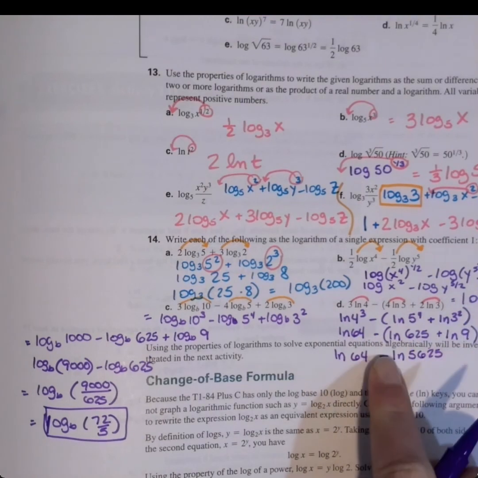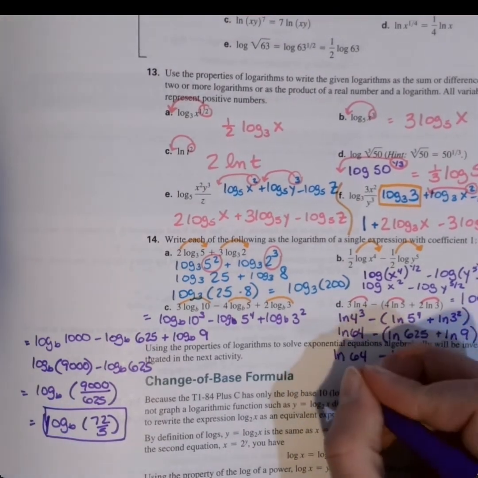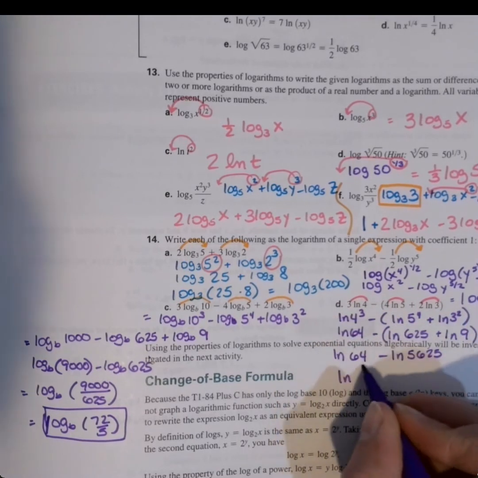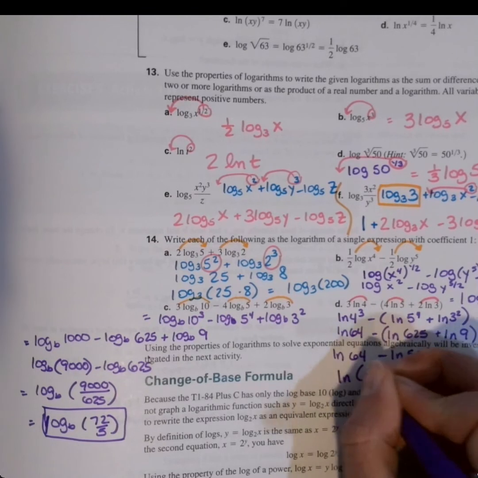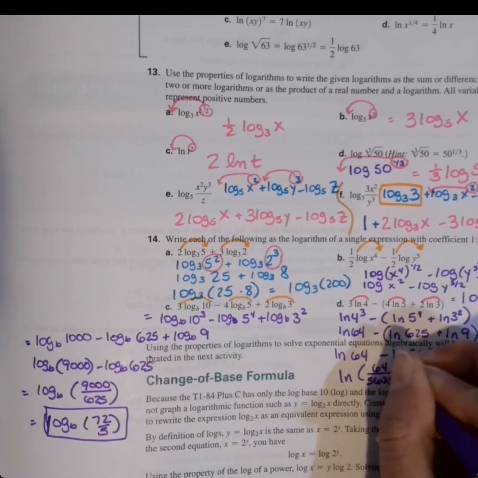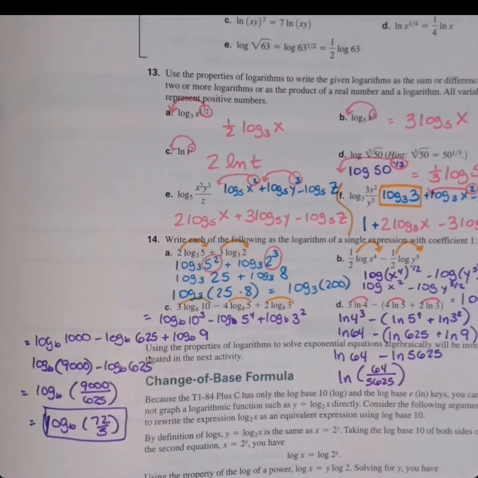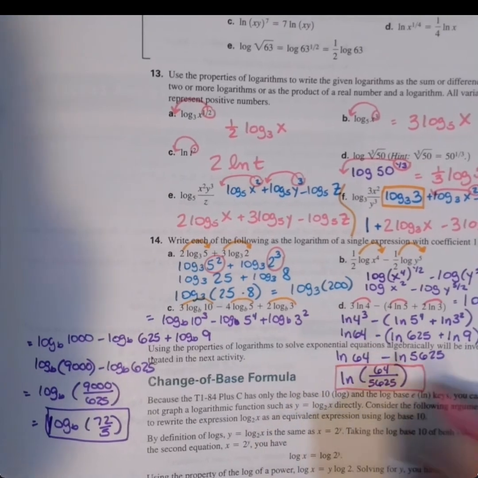And then we're going to pull division on that. And so this is going to be the natural log of 64 on top, because that's the positive one, over 5,625 on bottom, because that's the negative one. And only that one reduces. So we'll be done. If it did reduce, I would, of course, reduce it. But I don't believe that it does.